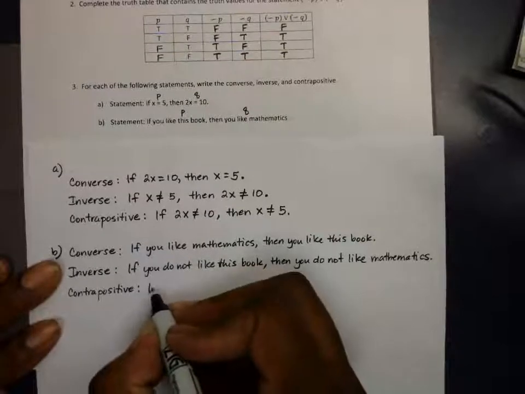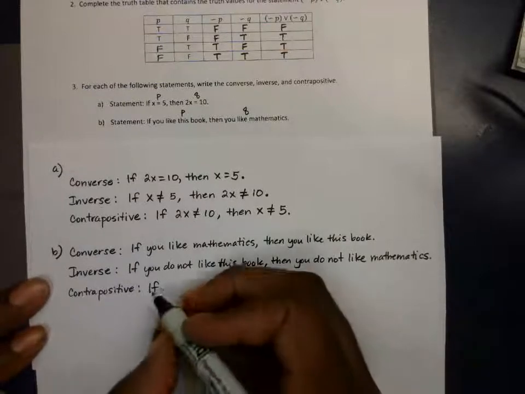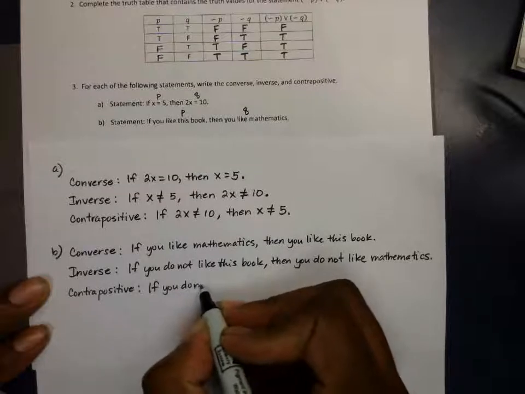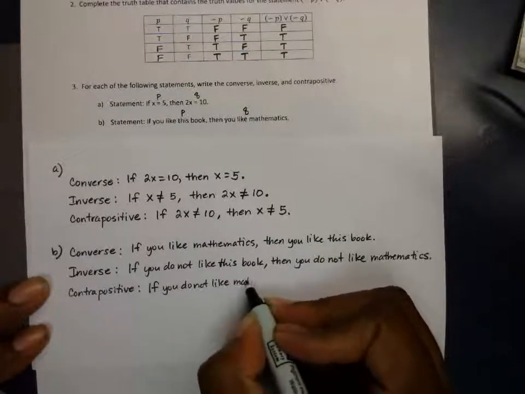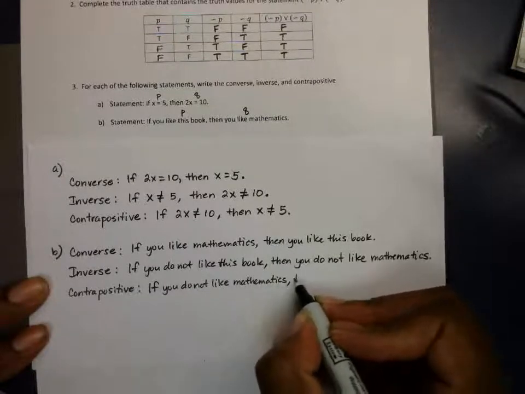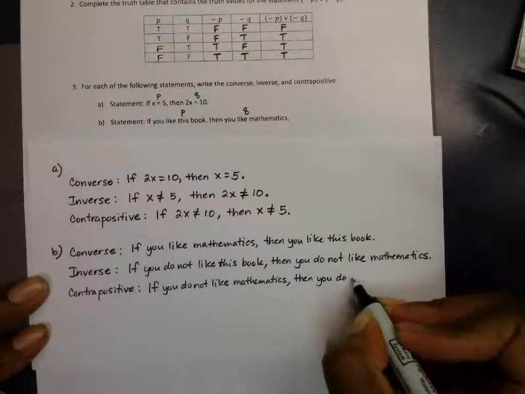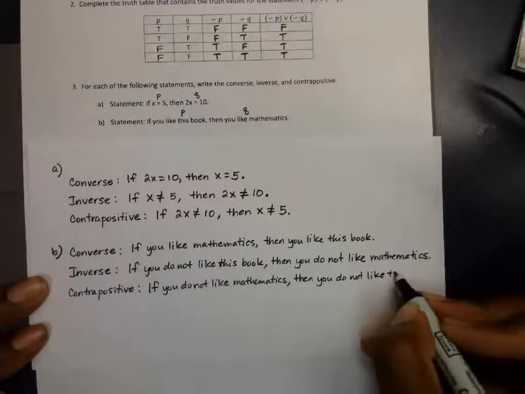So that means I just switch the hypothesis and the conclusion around. So the contrapositive would be something like this. If you do not like mathematics, then you do not like this book.